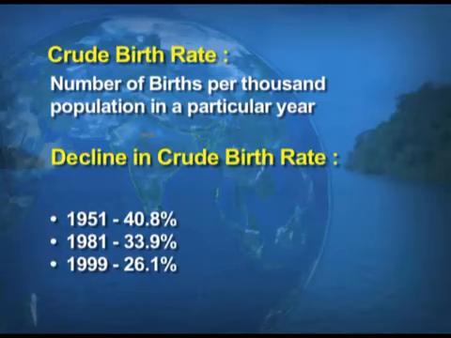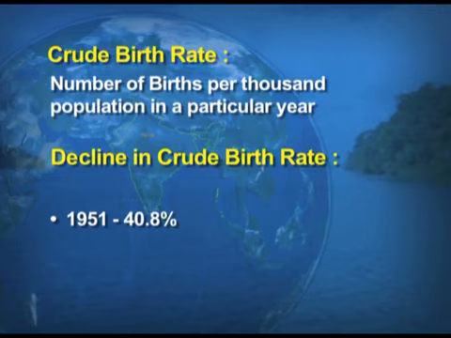Now, we take up the crude birth rate. This is also measured against per thousand of the population. That means the number of births per thousand population in a particular year is known as crude birth rate. And surprisingly, the birth rate has also declined, though not much, but yes, there is a fall in the birth rate also.